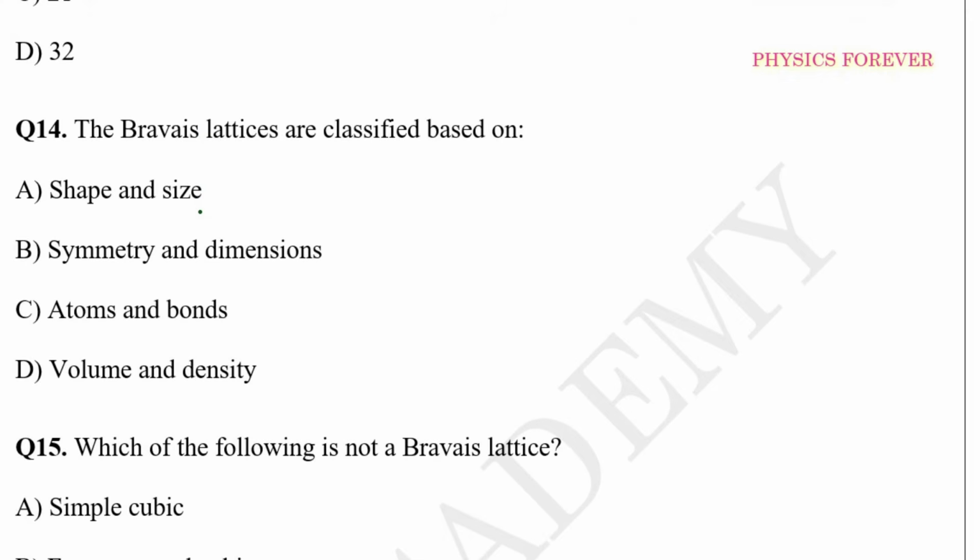Question number 14: the Bravais lattices are classified based on symmetry and dimension, and sometimes also the translation vector. They can ask how. Both are correct, so option B is correct, symmetry and dimension.